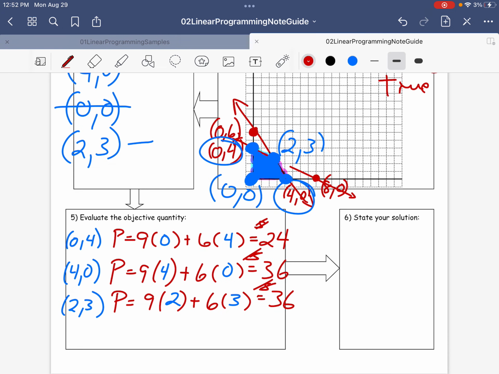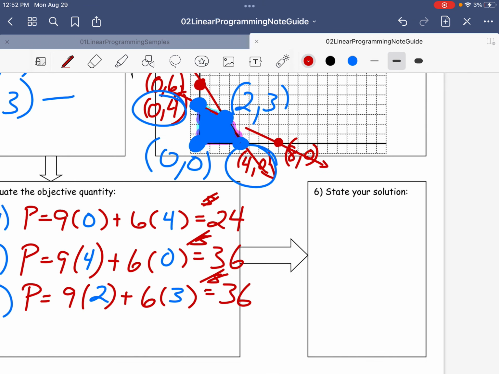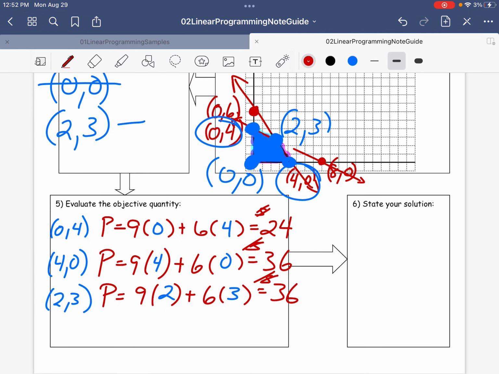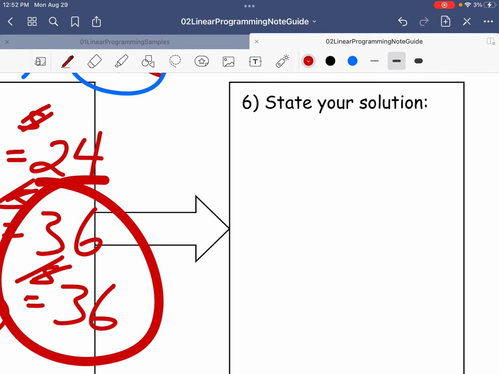Now, if you're kind of wondering, what is it that we're trying to do? What really is the final answer to this problem? The final answer was to find the combination of phones. And that combination has now been discovered because these 2 combinations both give me the largest profit. We just need to say so. We need to make a little statement, and it might sound something like this.